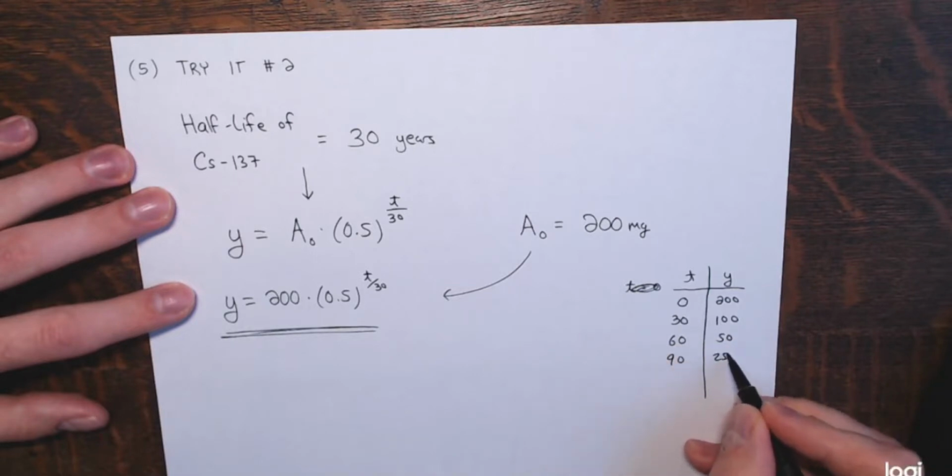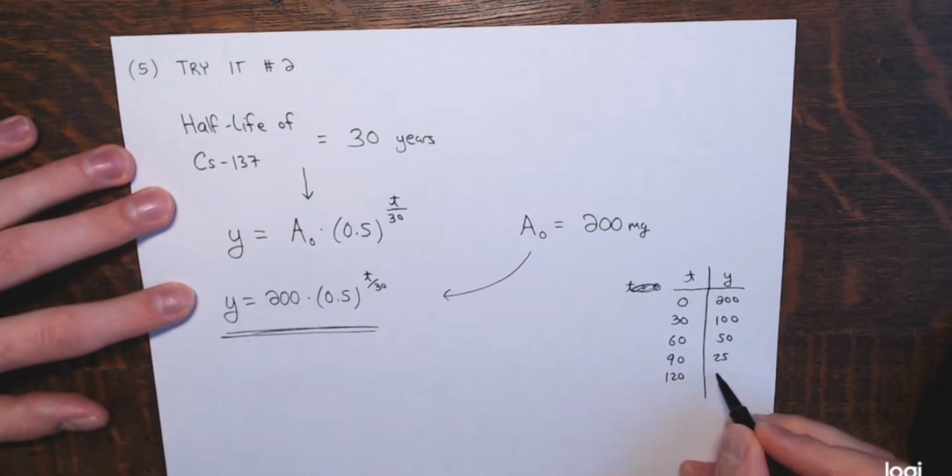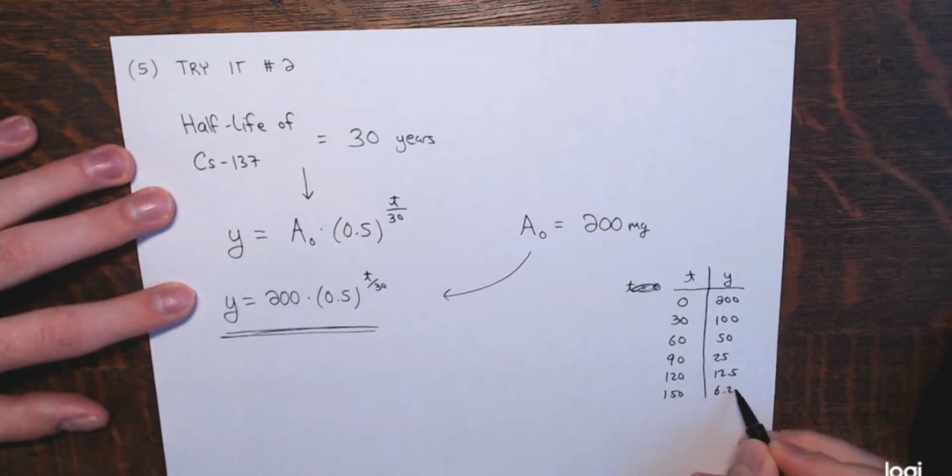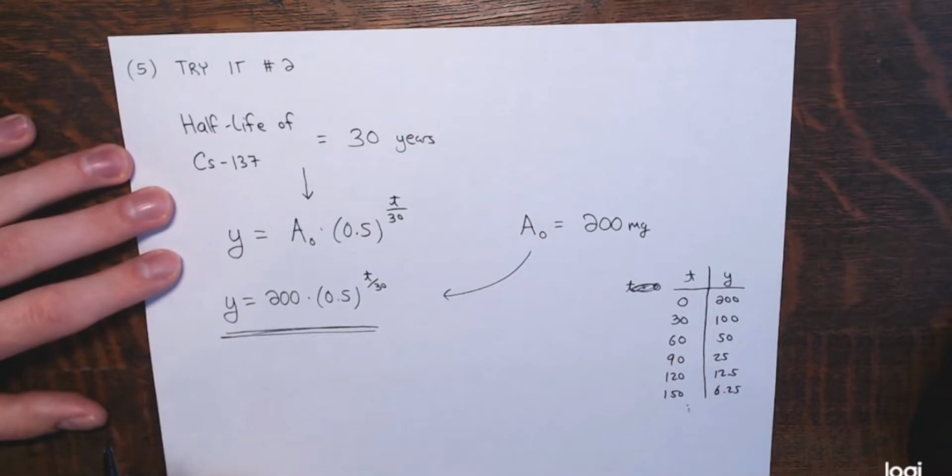And then 120 years, there'd be 12 and a half. Then 150 years, there'd be 6.25, and so on, until you get down to where you're below 1 milligram. But even then, we won't be very accurate because we still have these gaps of 30 years. What if it happens between the 30-year marks?